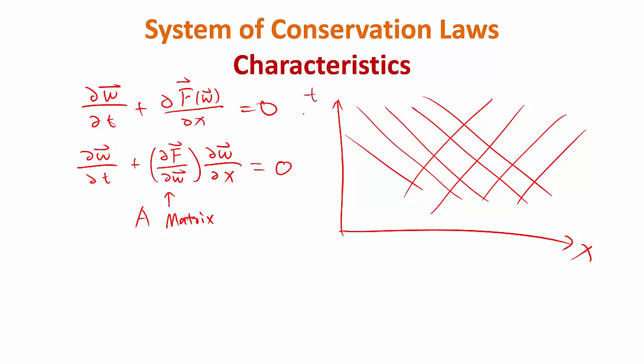Now, what if partial f partial w in the general case is not a diagonal matrix? Then we can perform eigenvalue eigenvector analysis.